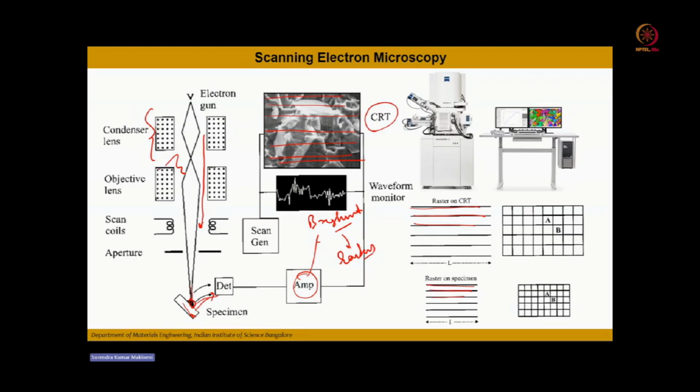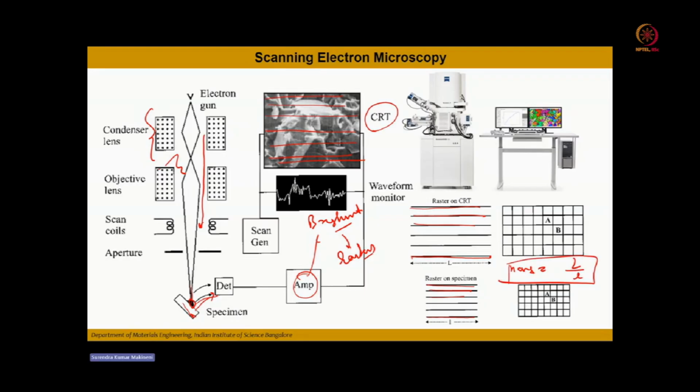So when the electron beam rasters a length small l on the specimen, and a length capital L on the CRT, you get a linear magnification equal to L by l.